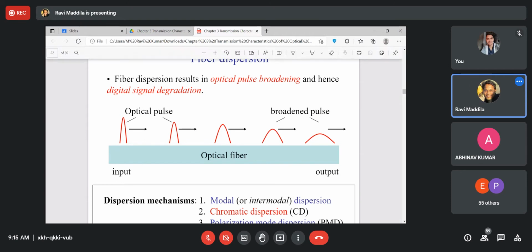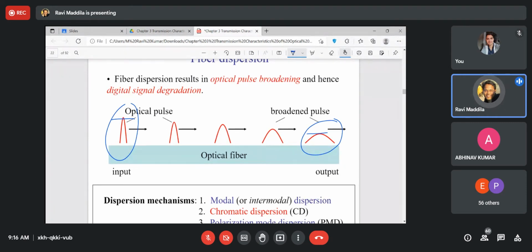If you see here at the input, you have an optical pulse which is narrow, and at the output the pulse is distorted, it becomes broad, and its amplitude also reduces. So we can say the peak power has reduced quite a lot, and hence this fiber dispersion results in optical power loss.